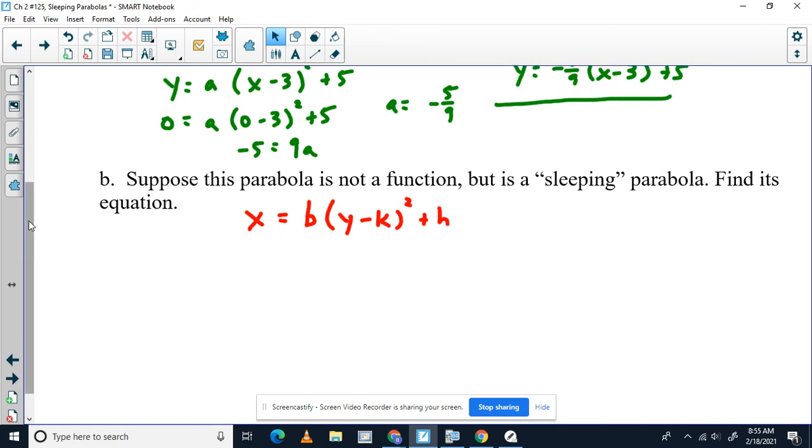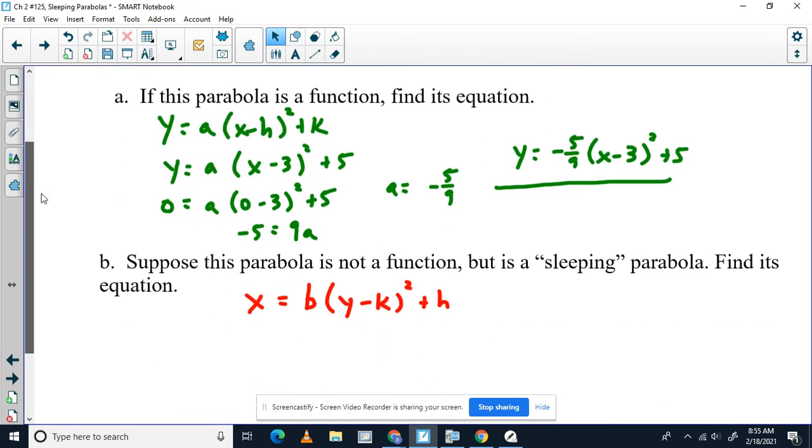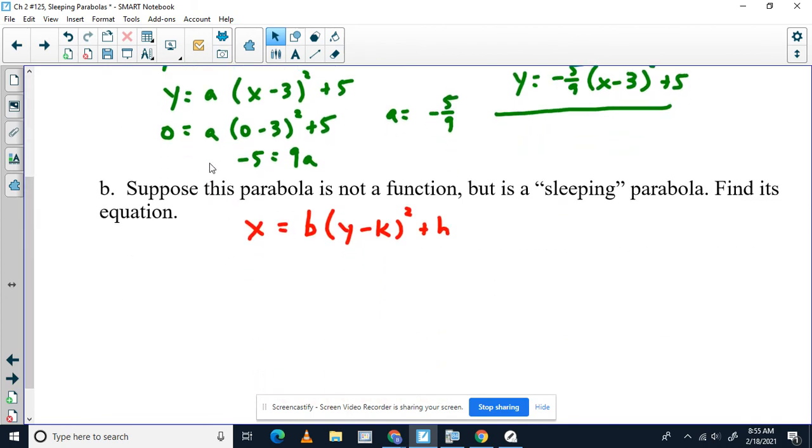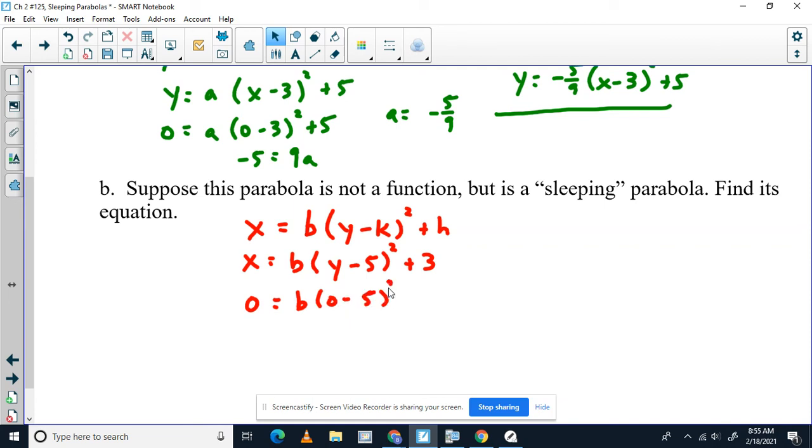Well, remember, the vertex on this one was at 3, 5. So I'd have, to start with, x equals b times y minus 5, because the y value is 5, squared, plus 3, because the x value is 3. Remember, it went through the point 0, 0, so steps now are the same as what they were in the past. I'm going to plug 0 in for x and y on this one. And now I'm going to solve for b.